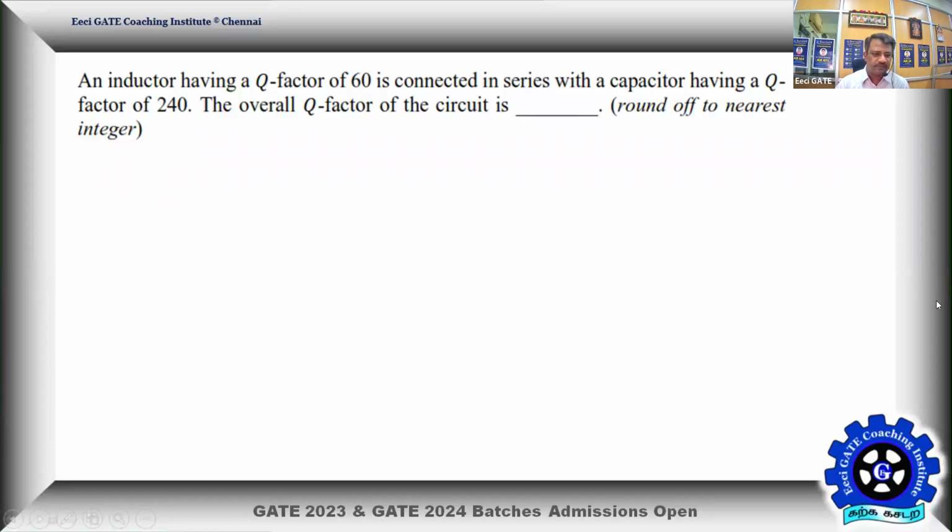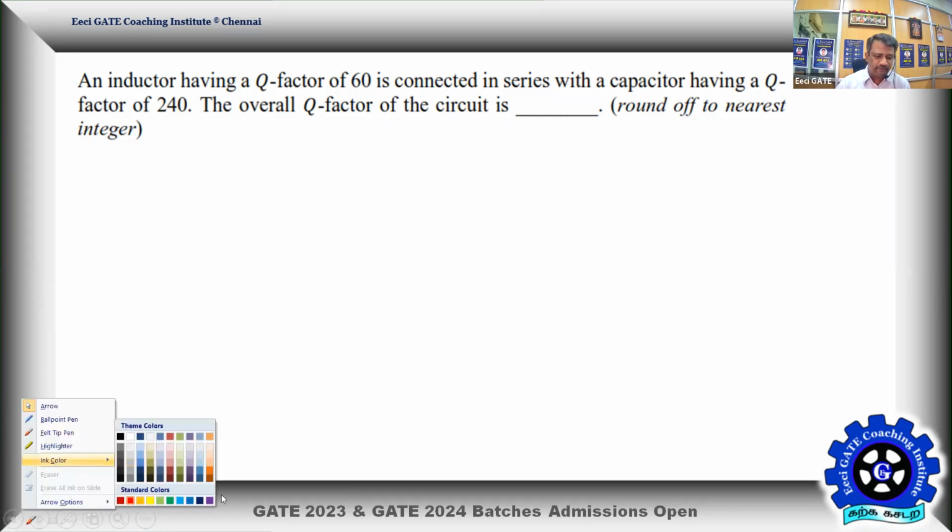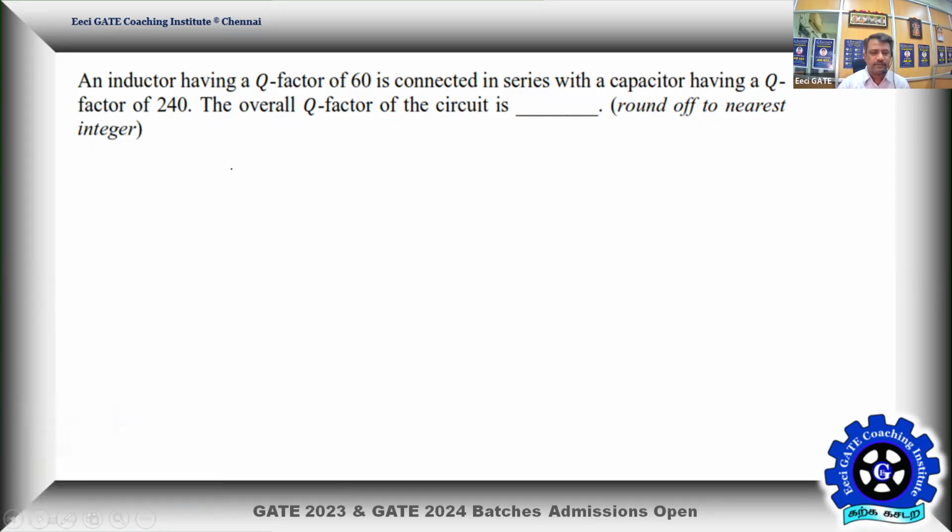For that, first we need to imagine how the quality factor of a coil can be measured. Q factor measurement always refers to a series resonance circuit. So let us take a simple series resonance circuit. Assume this is my coil, a lossy coil having a resistor and inductor, then a tuning capacitor.